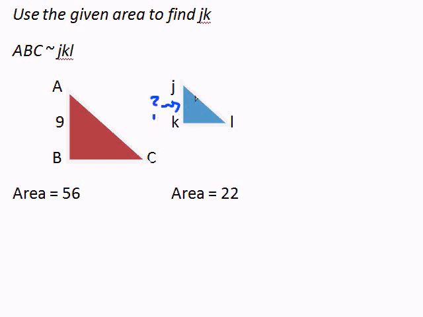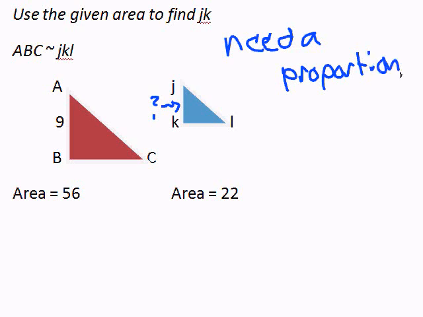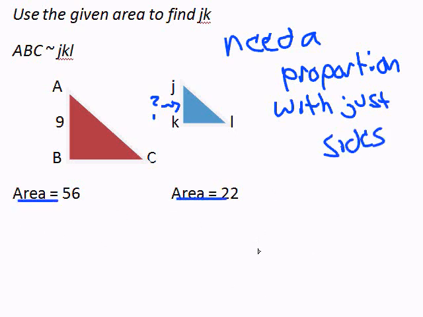Well, the good news is we can still use a proportion to solve this, but since we're asked for a missing side, we need a proportion with just the sides. Now, we're given the areas, so we can make a ratio of our areas, 56 over 22, and we can turn that into a ratio of sides.